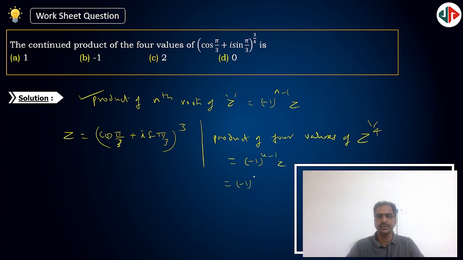That is minus 1 whole cube into z. What is z? From de Moivre's theorem, z is nothing but cos pi plus I sin pi, which is minus 1. So minus 1 whole cube into minus 1 will be plus 1.